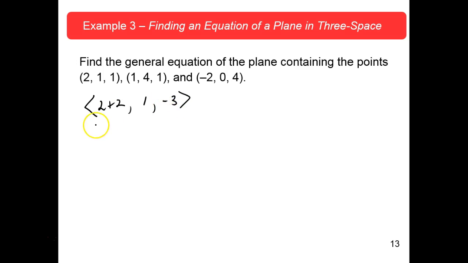Yes, exactly. So that's going to be 4, 1, minus 3. There's a vector that you get by having that be your initial point and this be your terminal point, right? 2 minus a minus 2 is 4, 1 minus a 0 is 1, and 1 minus 4 is -3. Okay, there's a vector.